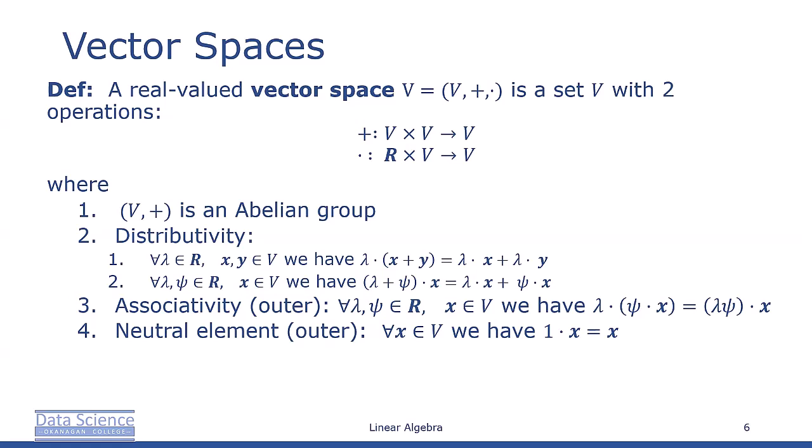We have outer associativity: for every lambda and psi in R and x in V, we have lambda times (psi times x) equals (lambda psi) times x, and an outer neutral element. So for every x in V, we have 1 times x equals x.